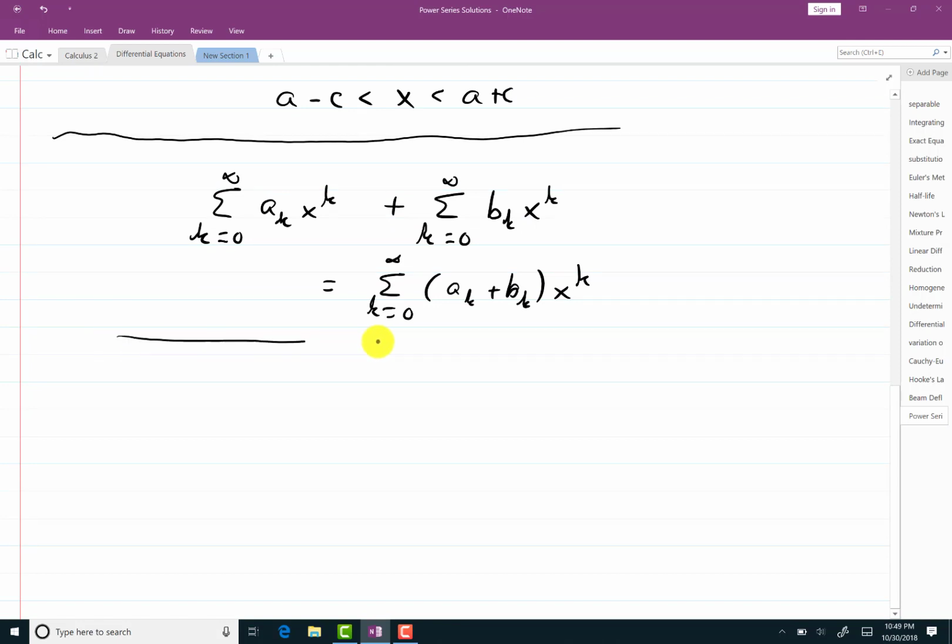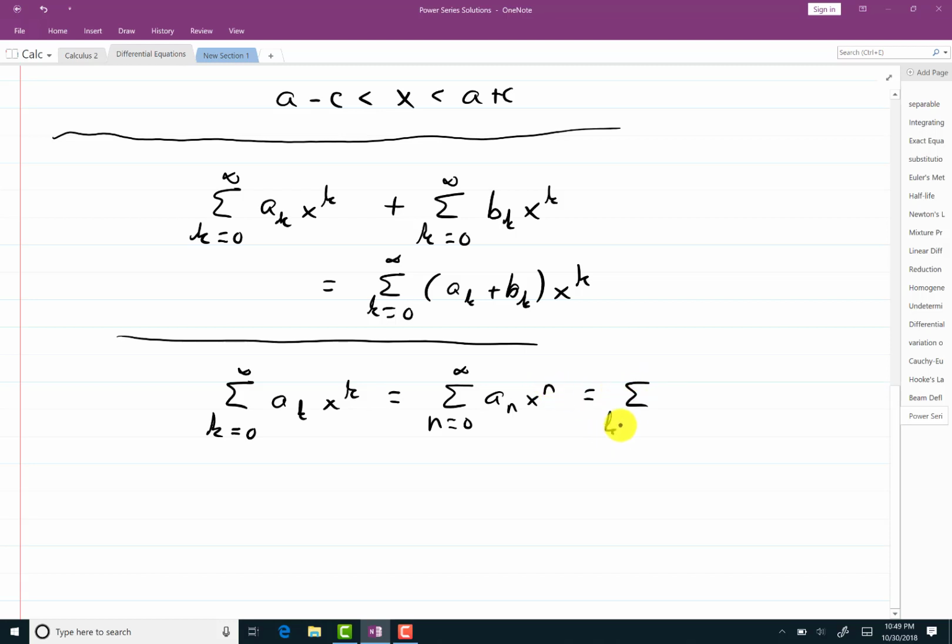Dummy variables: you should know that I can write k equals 0 to infinity a sub k x to the k, and that would be no different than if I had written n equals 0 to infinity a sub n x to the n. That's no different if I had written something besides any of those letters.